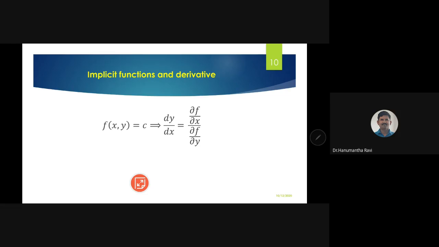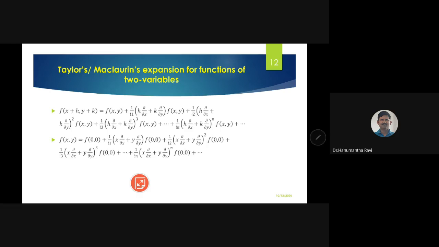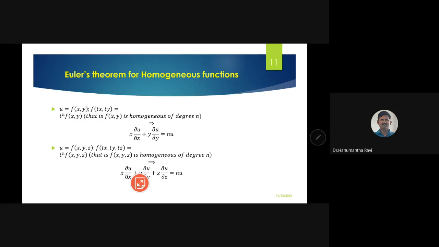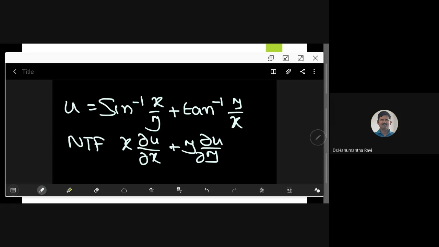And there is one more thing that I told you, which is Euler's theorem. It talks about a homogeneous function of degree n. So the given function here is a function of two variables. If we are able to show that this is homogeneous, and if we are able to find the degree of this homogeneous function, then we can directly apply it.